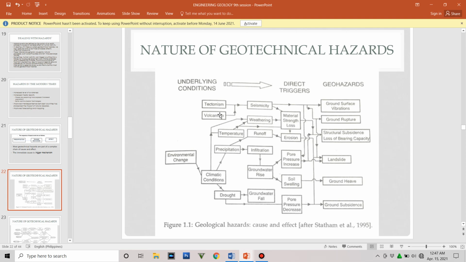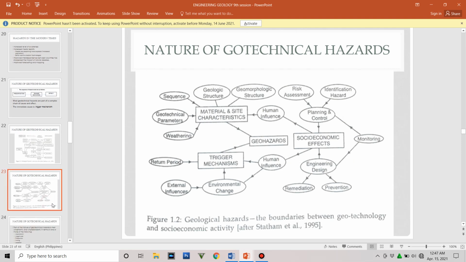And then the tectonism, volcanism will have the seismicity, will have material strength loss that would trigger a landslide also. Okay? And structural subsidence or loss of bearing capacity. So, ganito kakomplikado ang geotechnical hazards.